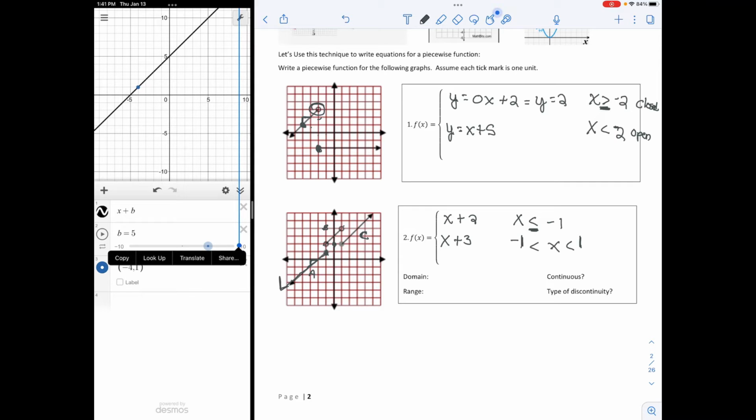And then for C, that's a closed circle. It too has a slope of 1. If we wanted to see what the y-intercept was, we continue that pattern. We go down 1 and to the left 1, and we see that it has a y-intercept of 1.